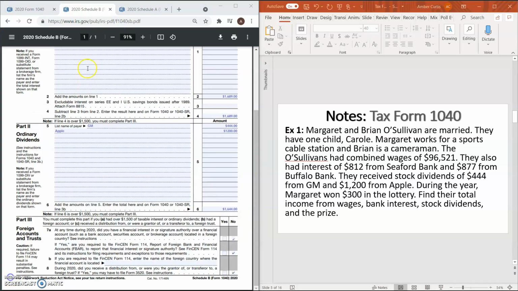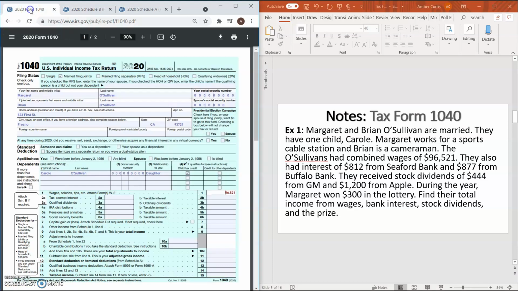All right, so now we're going to jump back to our 1040. We are going to move to line 2b, which is taxable interest. According to our Schedule B, we got $1,689. And then 3b are our dividends. According to our Schedule B, that was $1,644.